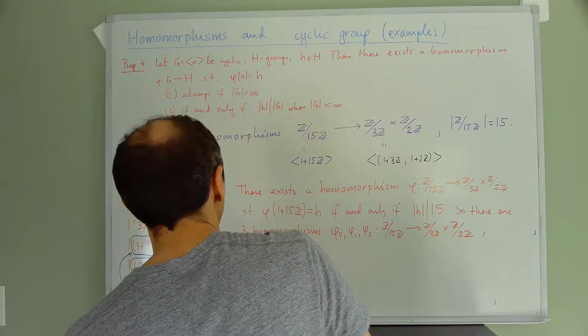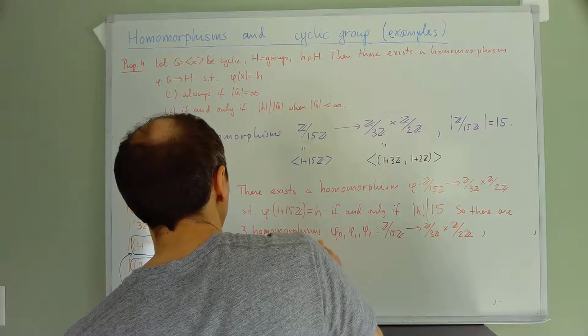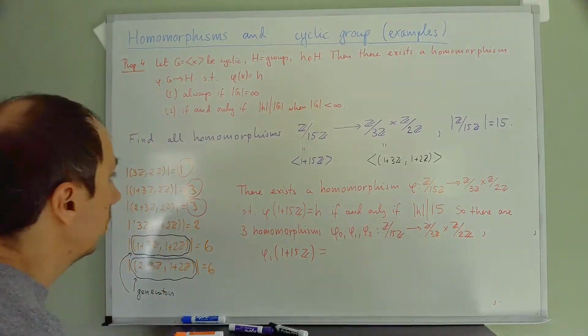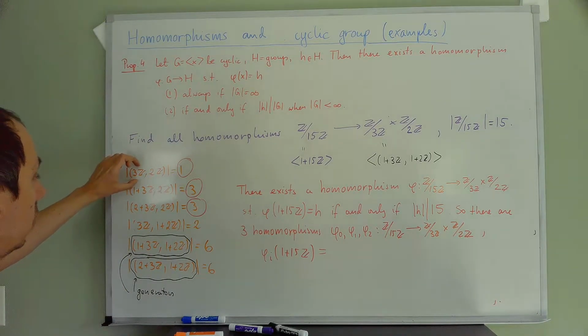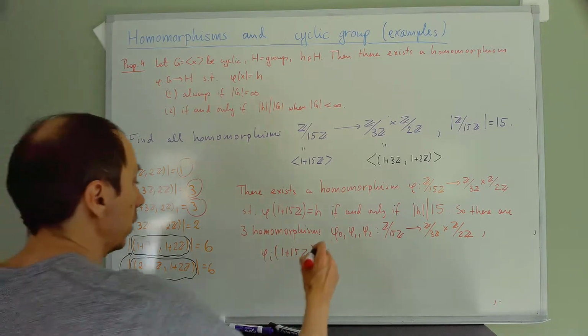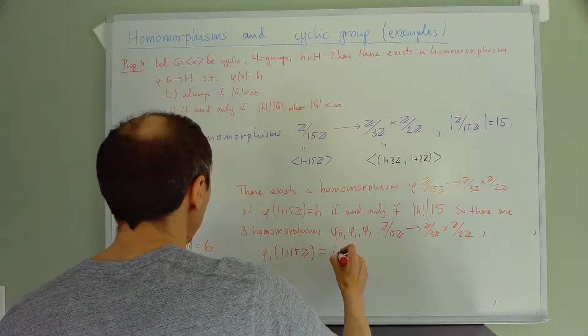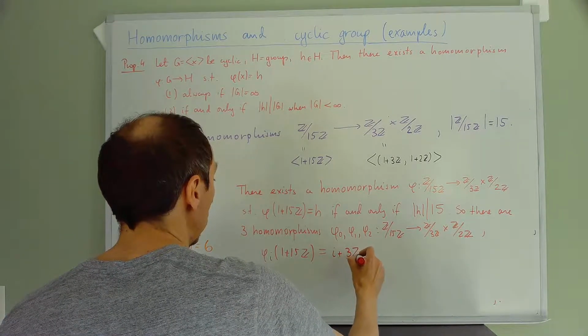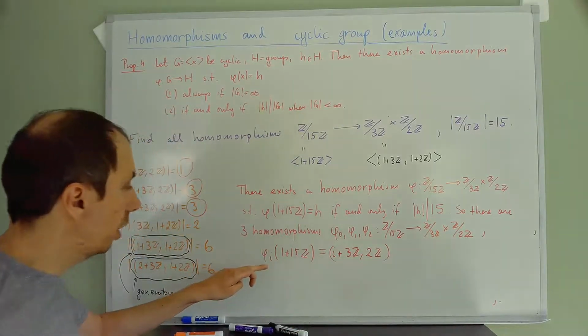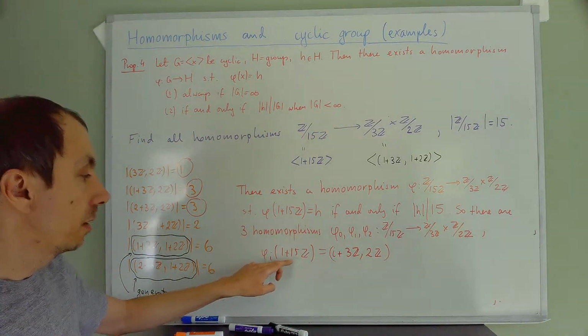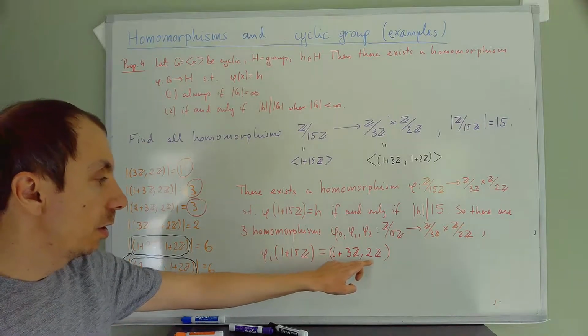So phi i of 1 plus 15Z would be, okay, so I can map it to this element, to that element, and to that element. That's why I used i. So it's (i plus 3Z, 2Z). Right, so phi 0 would map 1 plus 15Z to (3Z, 2Z).